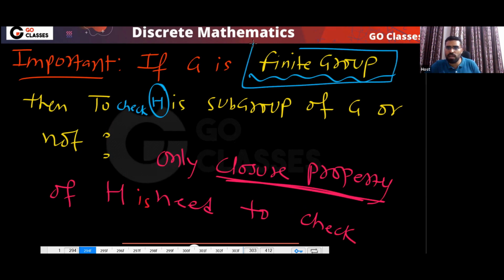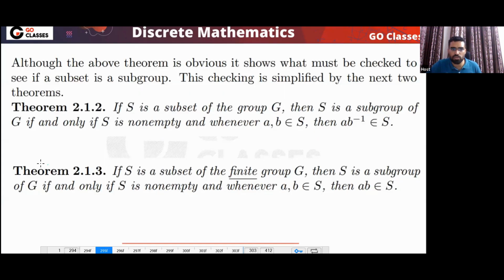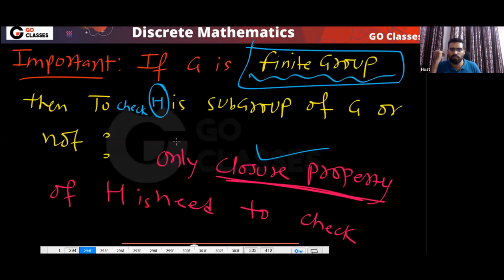Just check the closure property. So this is the theorem: if you have a subset of a finite group, then it is a subgroup if and only if it is non-empty and closed. Just the closure property is needed, and of course it should be non-empty.